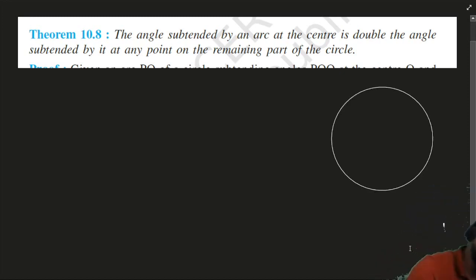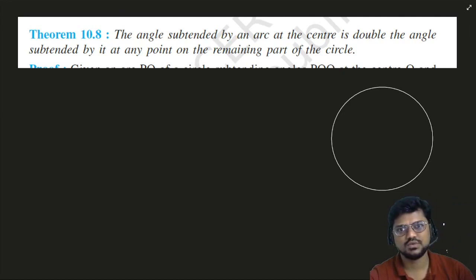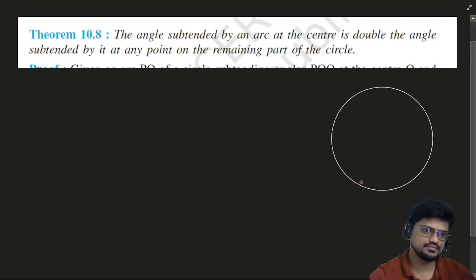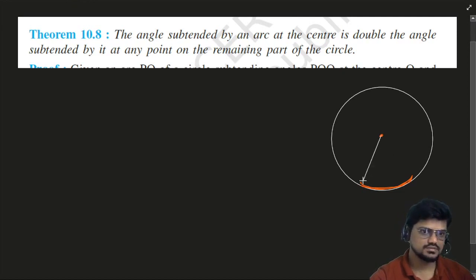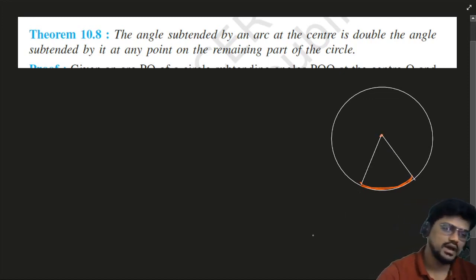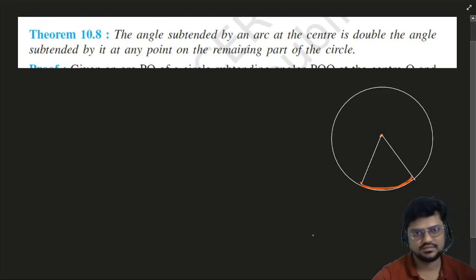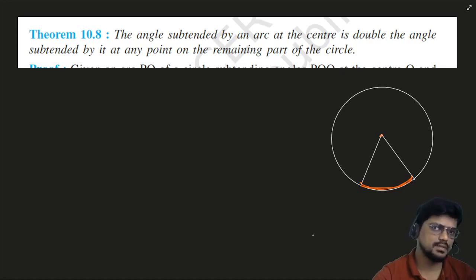The angle subtended by an arc at the center. Suppose this is your arc, this is the length of the arc, and this is the center. Now, what will be the angle subtended by the arc at the center? It will be this. The angle subtended by an arc at the center is double the angle subtended at any point on the remaining part of the circle.